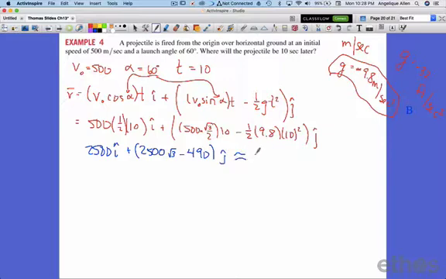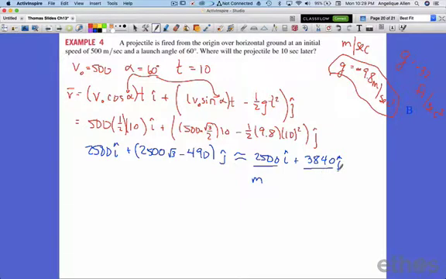So that's roughly 2,500 i, and the other, if you put it in the calculator, 3,840 j. And so what this means is 10 seconds later, this projectile is 2,500 meters downrange of the initial launch point, and it is 3,840 meters high off the ground altitude.